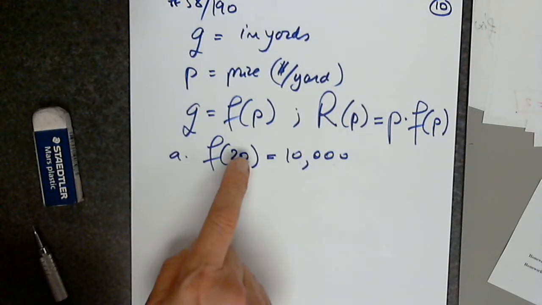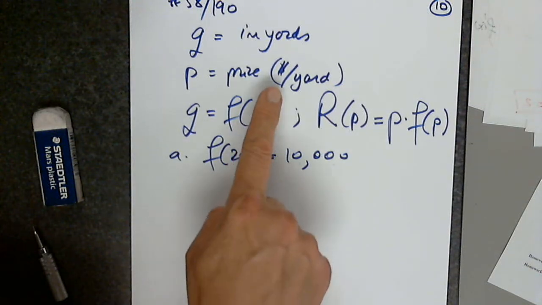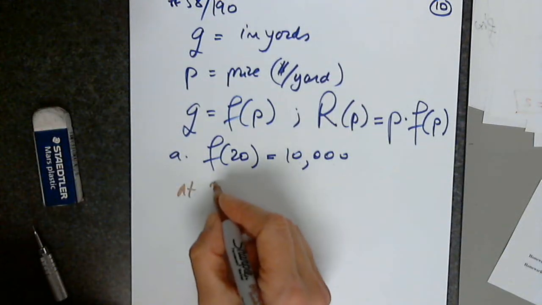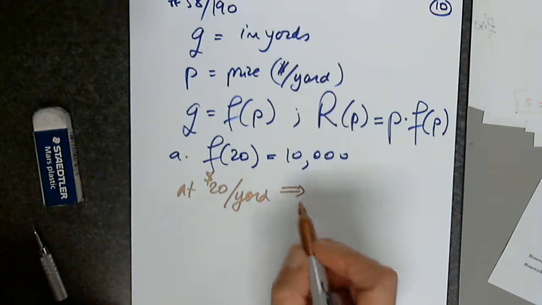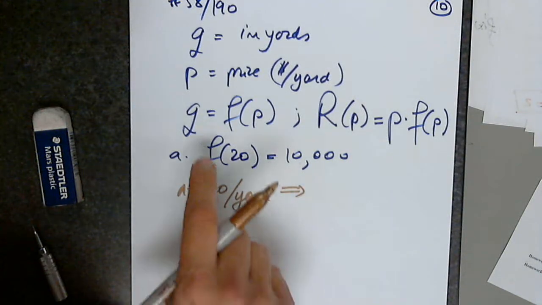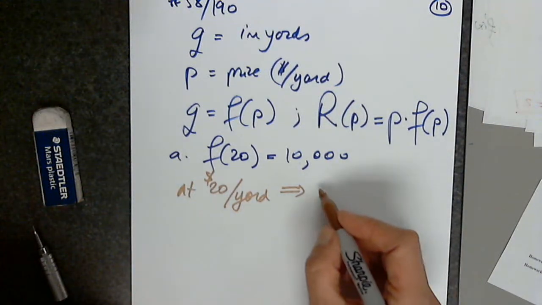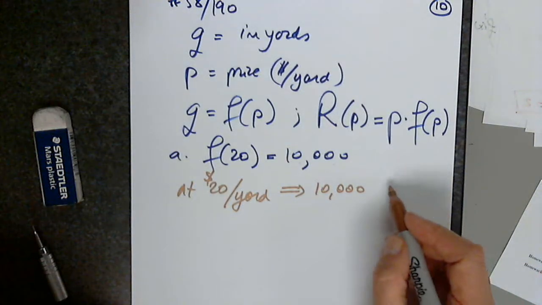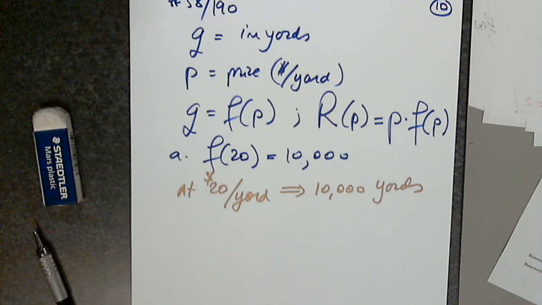So this means what? F of P at the price of $20 per yard. What happens then? The quantity produced and sold is 10,000 what? Yards. Is that clear? We agree?